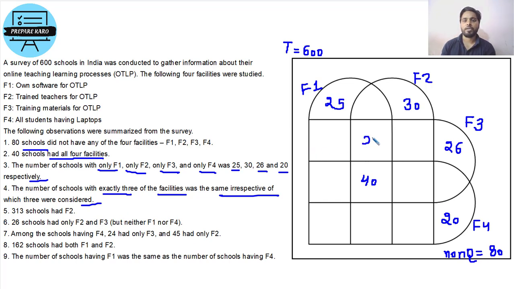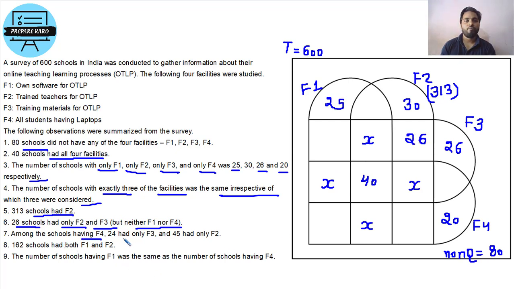So this is X, this is X, this is X, and X. 313 schools had F2. Among them, 26 schools had only F2 and F3, but neither F1 nor F4. Only F2 and F3, 26.